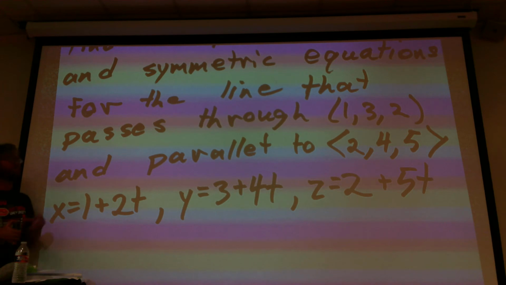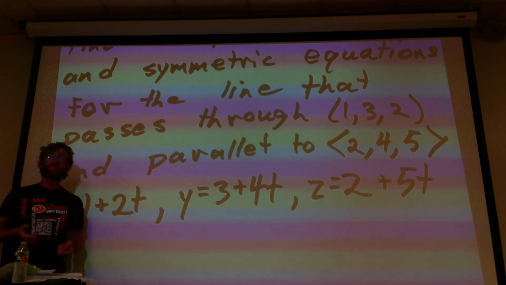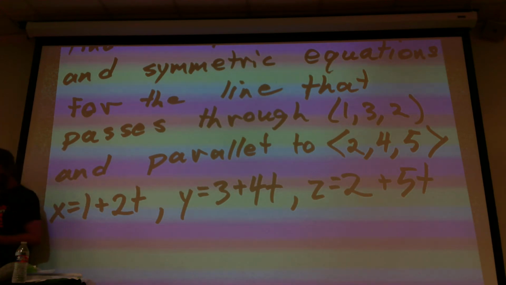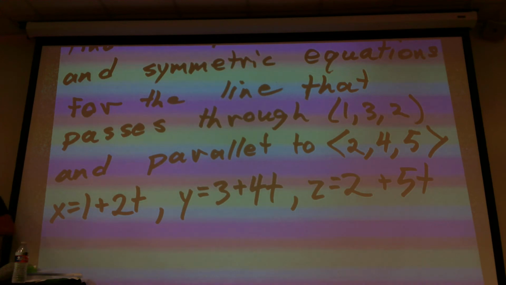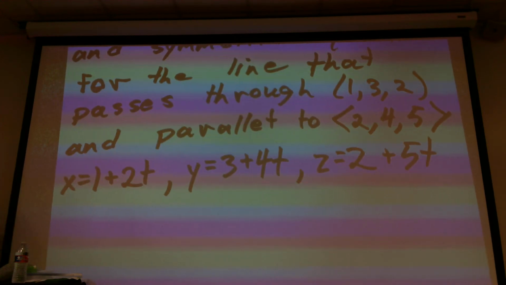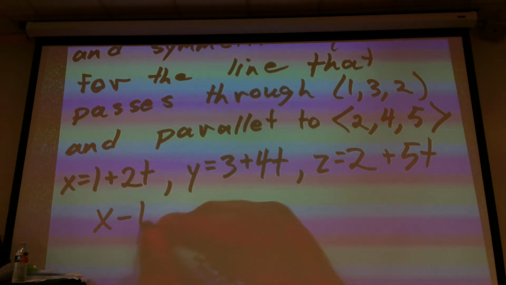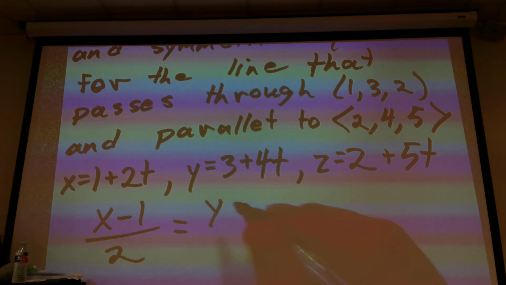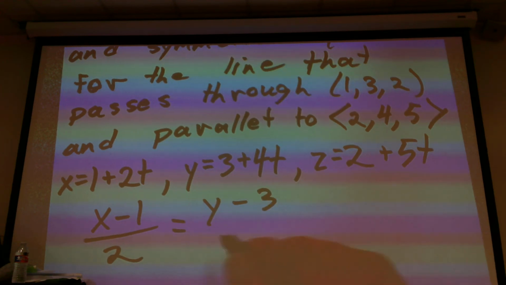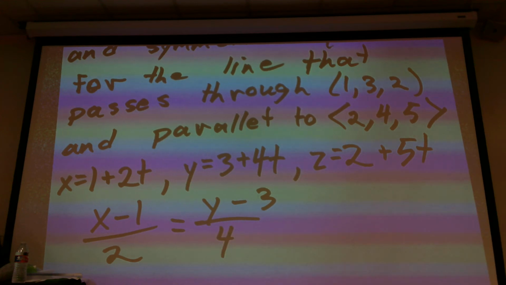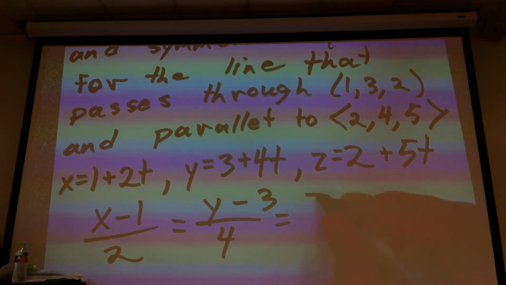All right, so this is the parametric equation that's going to be associated with this line. Let's look at the symmetric equation that is going to be associated with this line. So x minus 1 divided by 2 is going to equal y minus 3 divided by 4, and z minus 2 divided by 5.